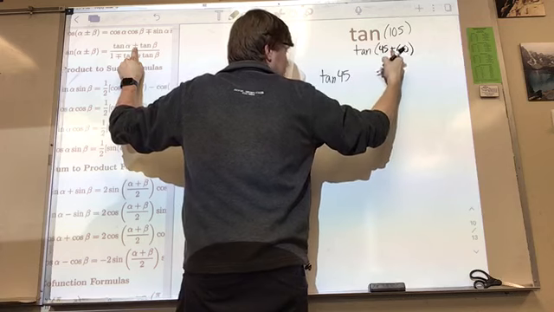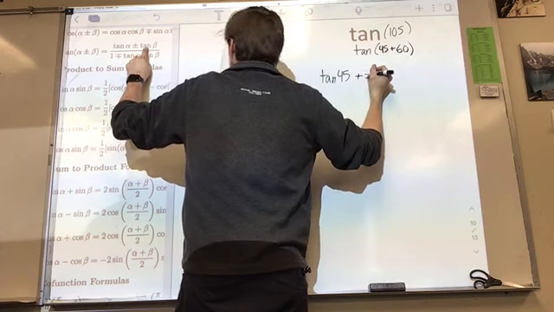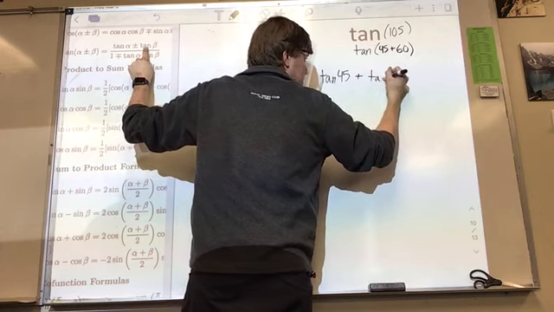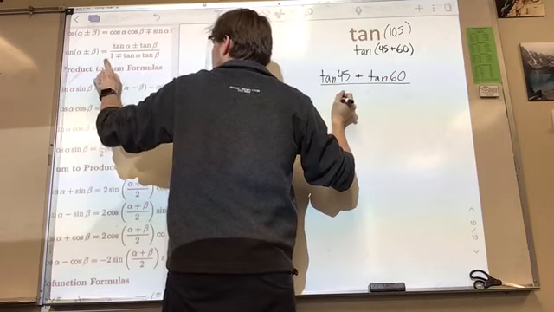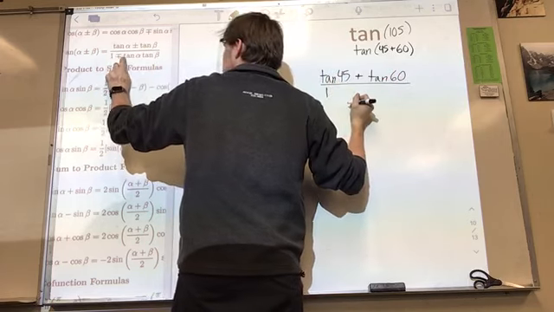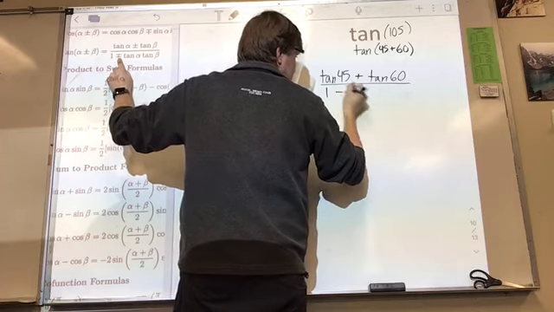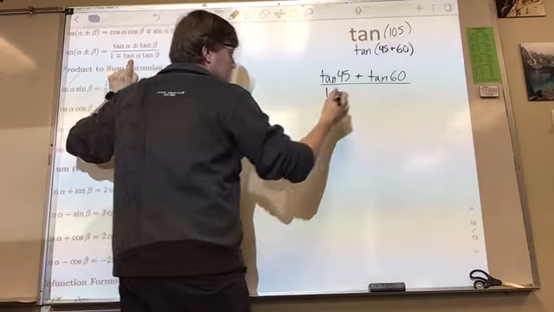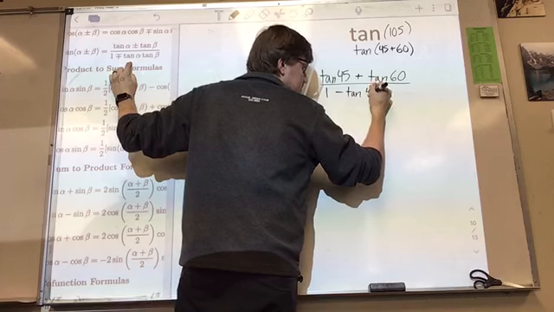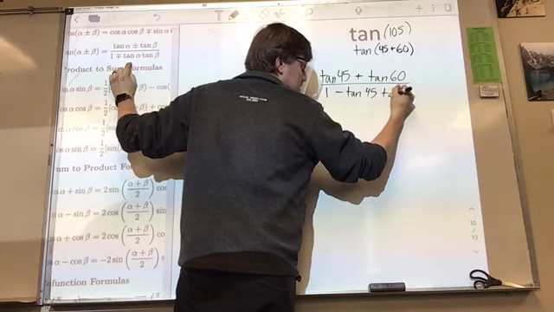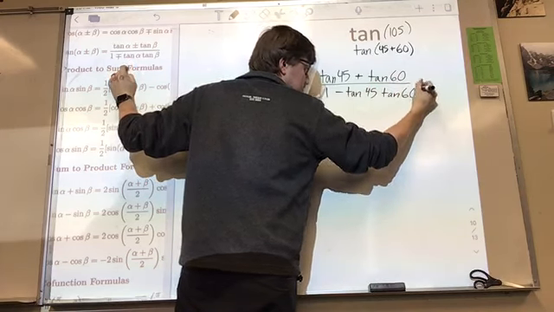Same symbol, so we're adding, so this is going to be a plus tangent of B, over 1. So that symbol's flipped, so it means the opposite. So minus tangent of A, which is 45, tangent of B, which is 60.